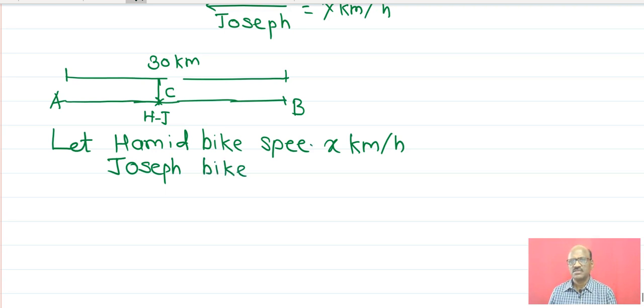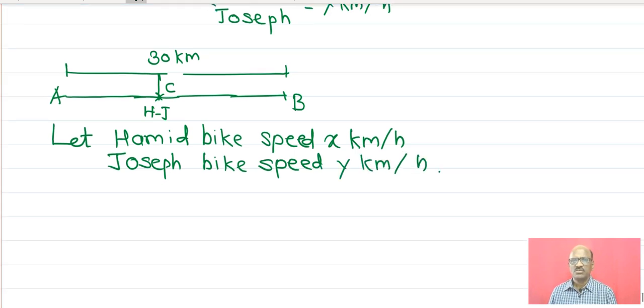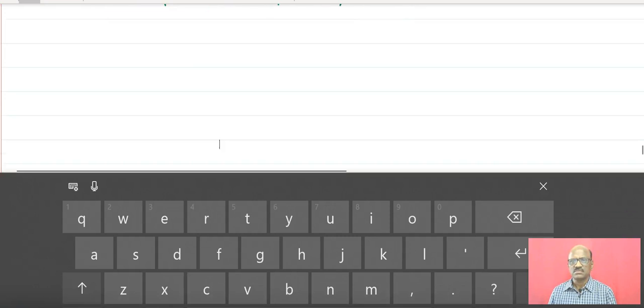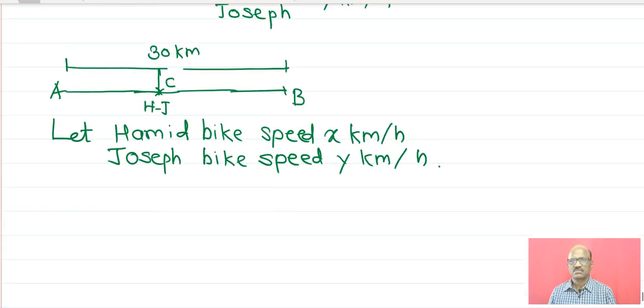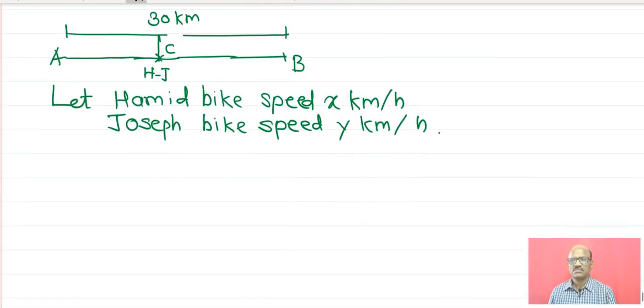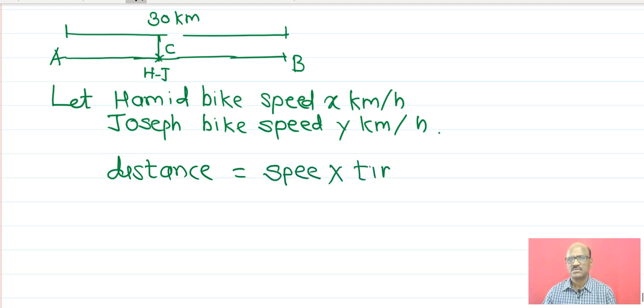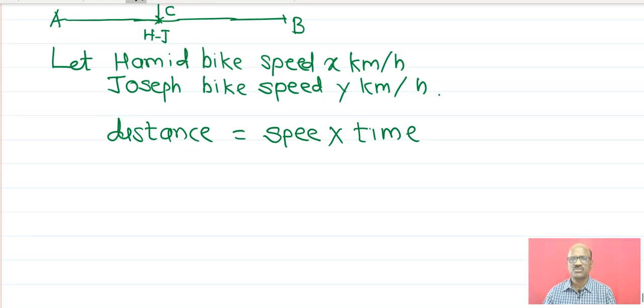Hamid's speed is x km/h. Joseph's bike speed is y km/h. And next, distance and speed. Distance is equal to speed into time. That is the formula for the speed. That is the distance upon time.